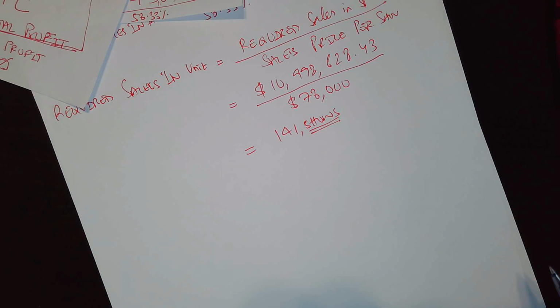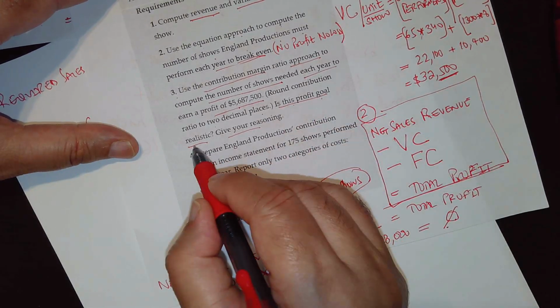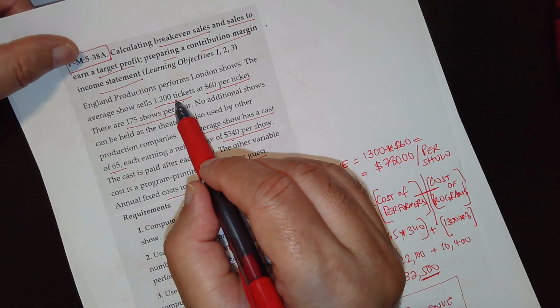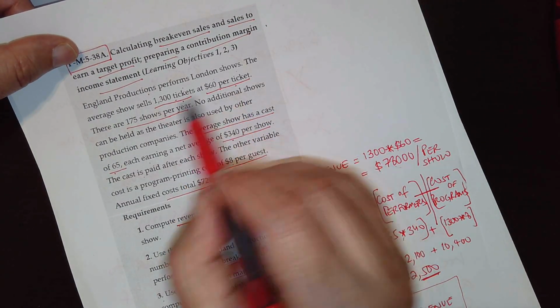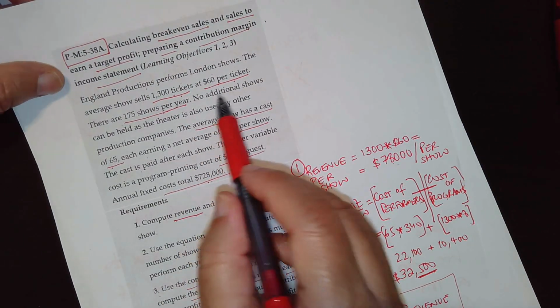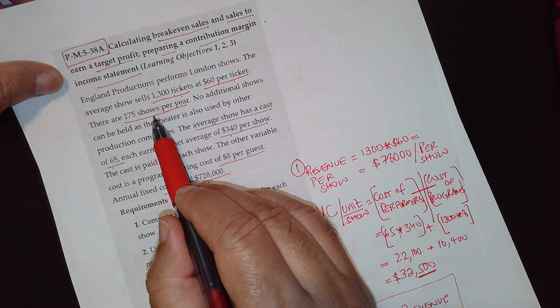So 141 shows. Now the question they are asking is, is this profit goal realistic? Give your reasoning. So what do you think? We have already been told that we are selling 1,300 tickets at $60 per ticket, and there are 175 shows per year. So no additional shows; we cannot go beyond 175, but we can have fewer than 175 shows.